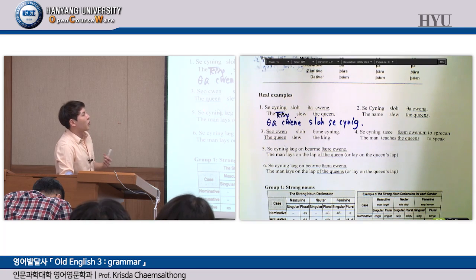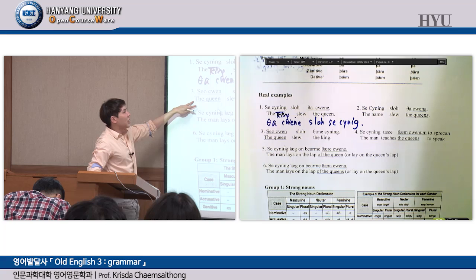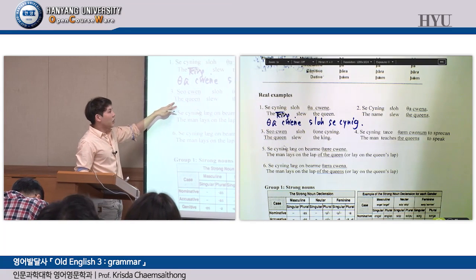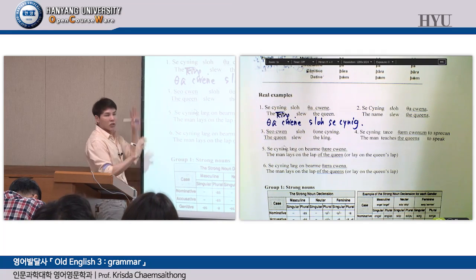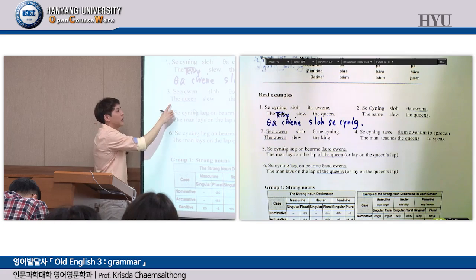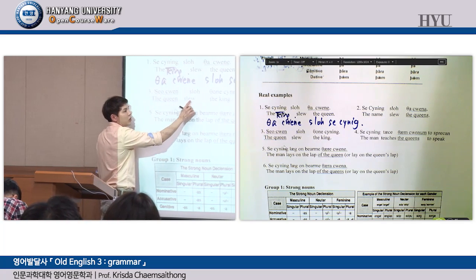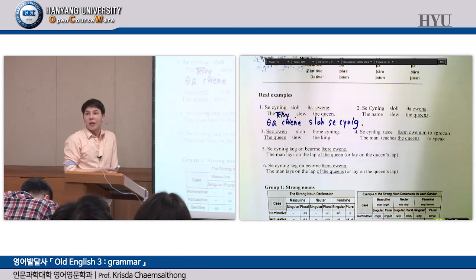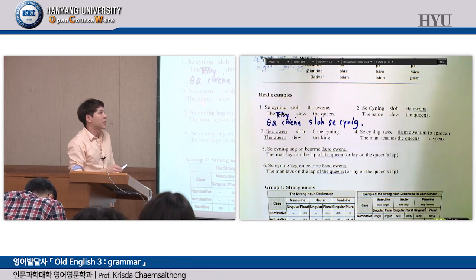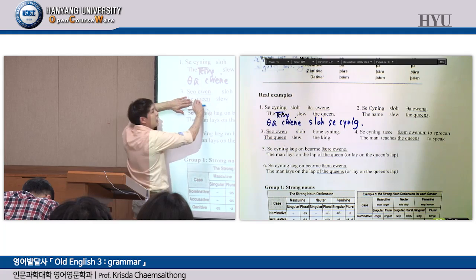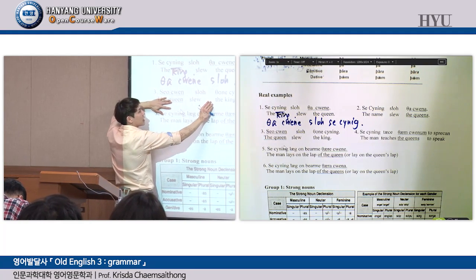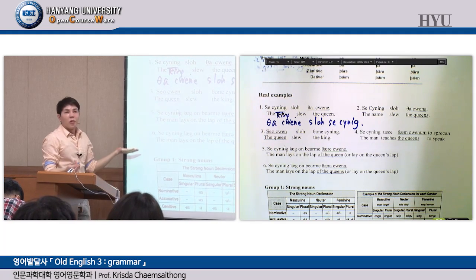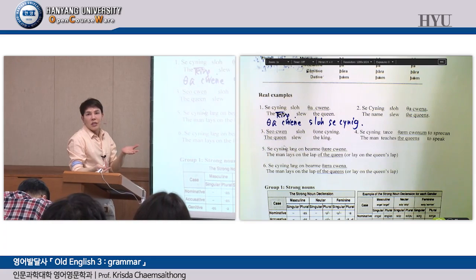In the second one, the queen slew the king. The queen here is what case? If you look at the translation, of course, it will tell you: the queen slew the king. That's modern English. So the queen here is what case? Subject, so nominative case. Now, what if you didn't have the translation like this? "Seo queen." Is it the subject or is it the object?